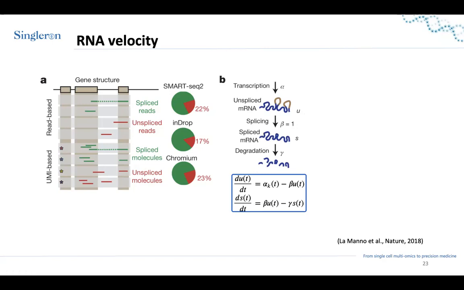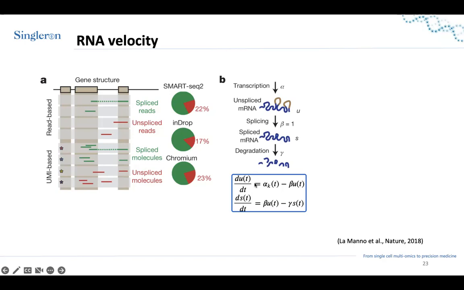There are other models where they don't fix beta. And then after the splicing, you obtain a spliced mRNA, and the amount of spliced mRNA is shown with S. And then once you have the spliced mRNA, the mRNA gets degraded with a certain rate gamma.